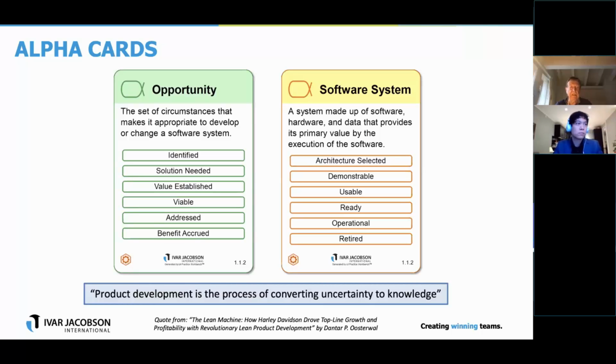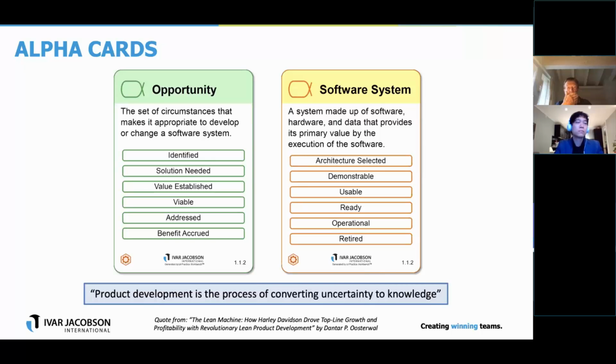Then there is a solution needed for that opportunity. Value is established, it's viable, addressed, and benefit accrued. So we go through these states, and when you work, you have to progress state by state like that.